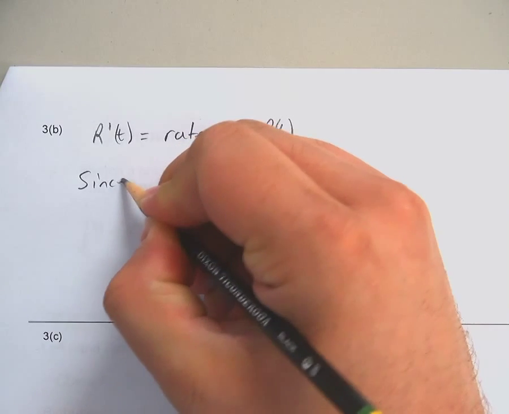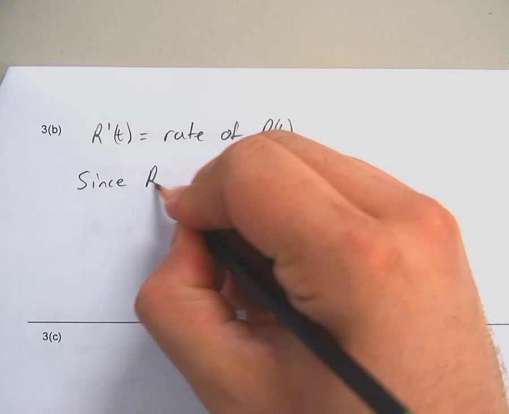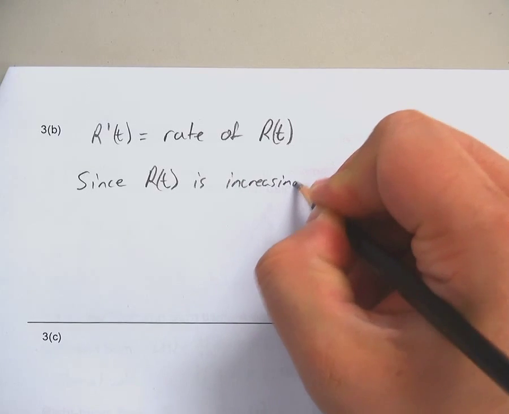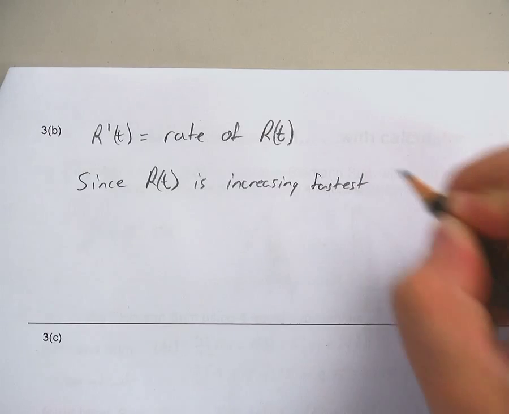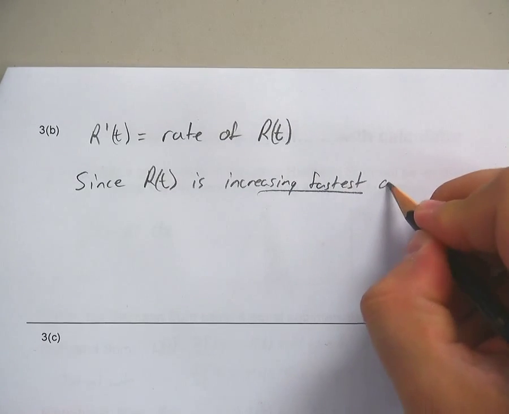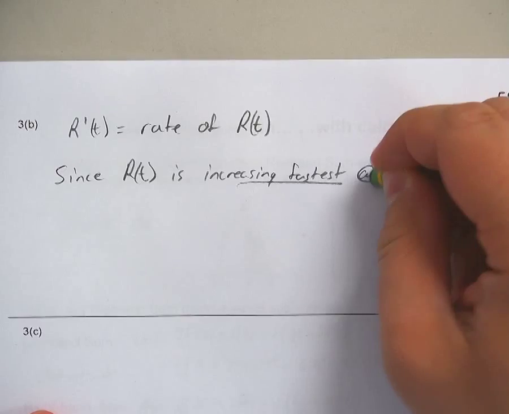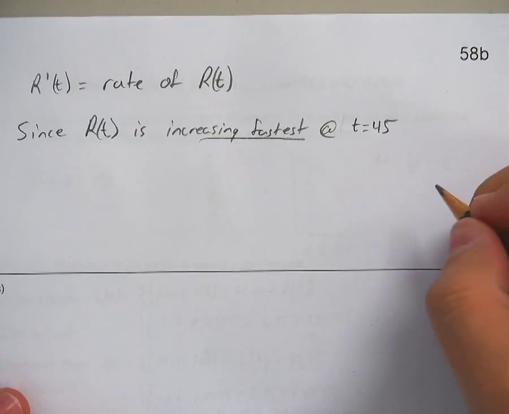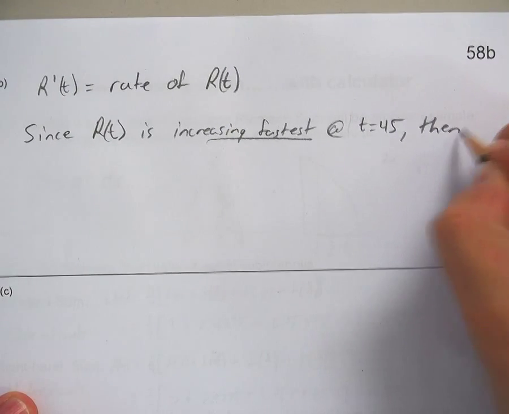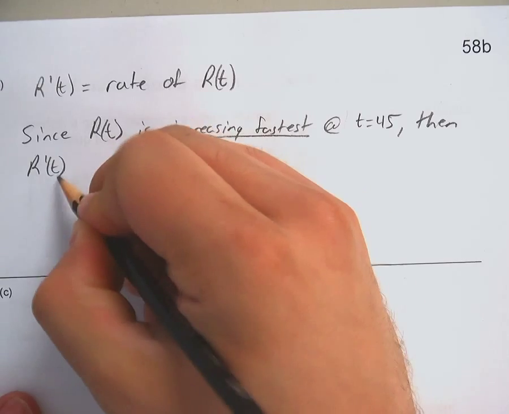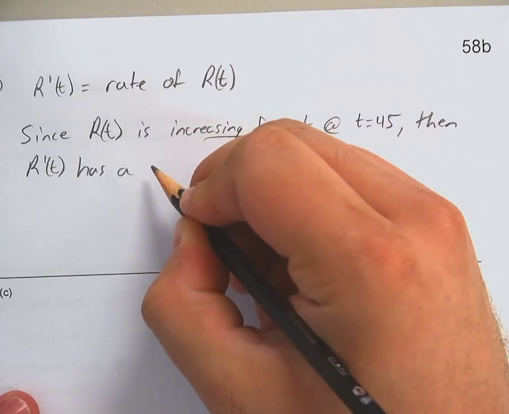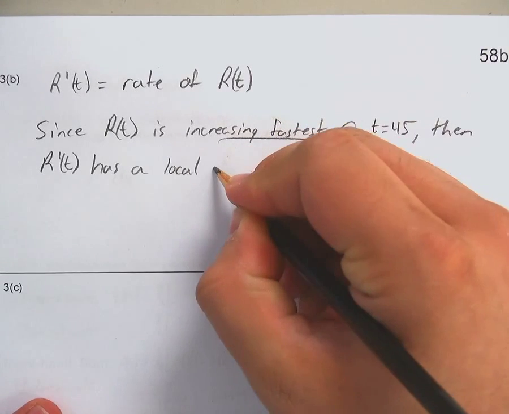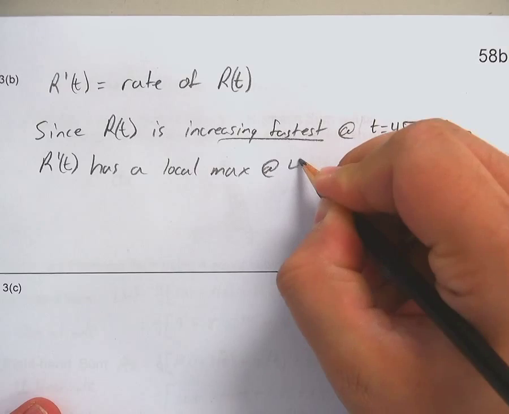Now, since r of t is increasing fastest at t equals 45, then r prime of t has, we can call this, a local maximum. It has a local max at 45, right?